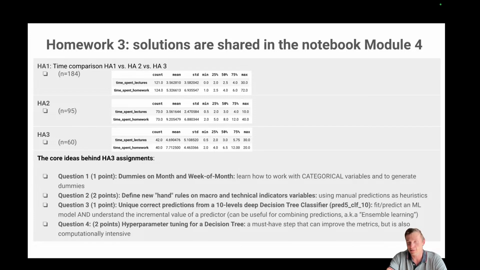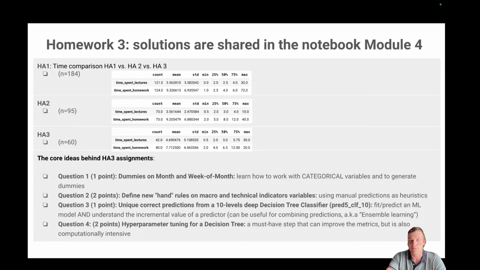You need to define the parameter space, what the potential options for the parameters are, and you need to combine all of the parameters from the parameter space, calculate the model, fit the model, and get the metrics that you target to optimize.